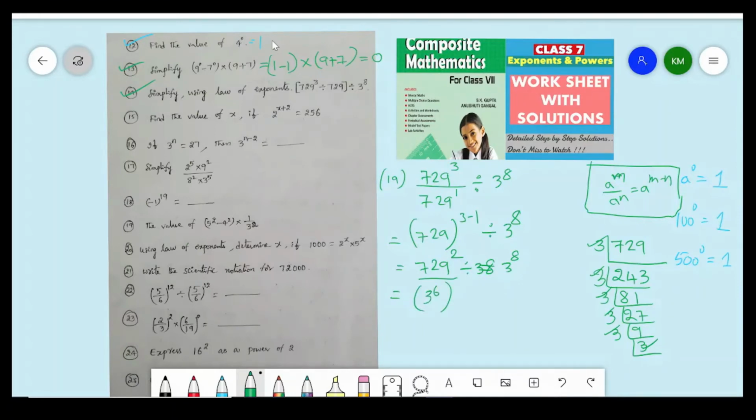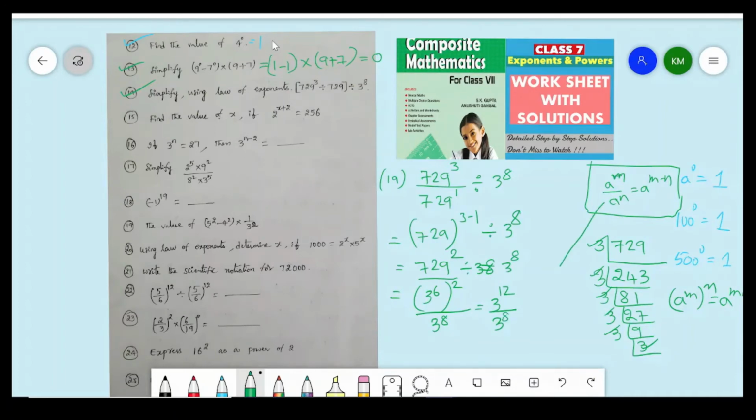Again there is a square here, divided by 3 power 8, that is equal to 3 power, again there is a formula here, a power m whole power n is equal to a power m multiplied by n. So here 3 power 12 divided by 3 power 8.